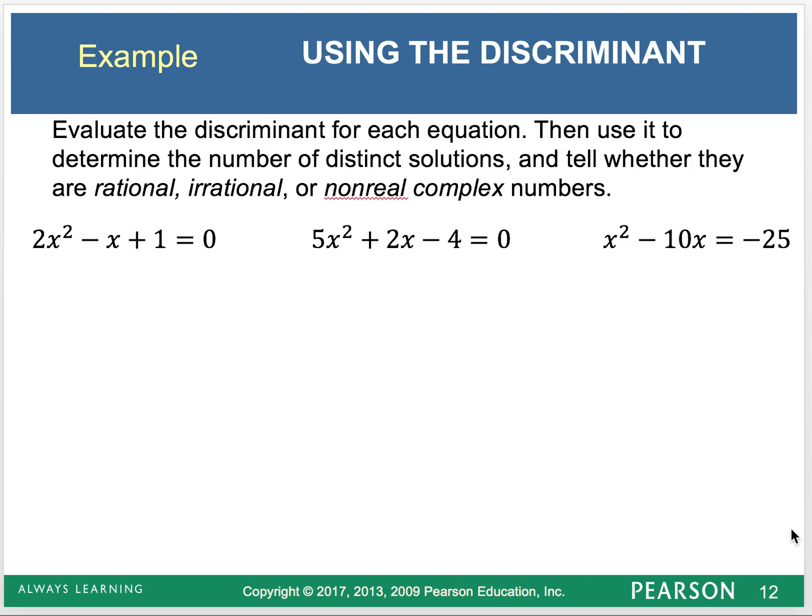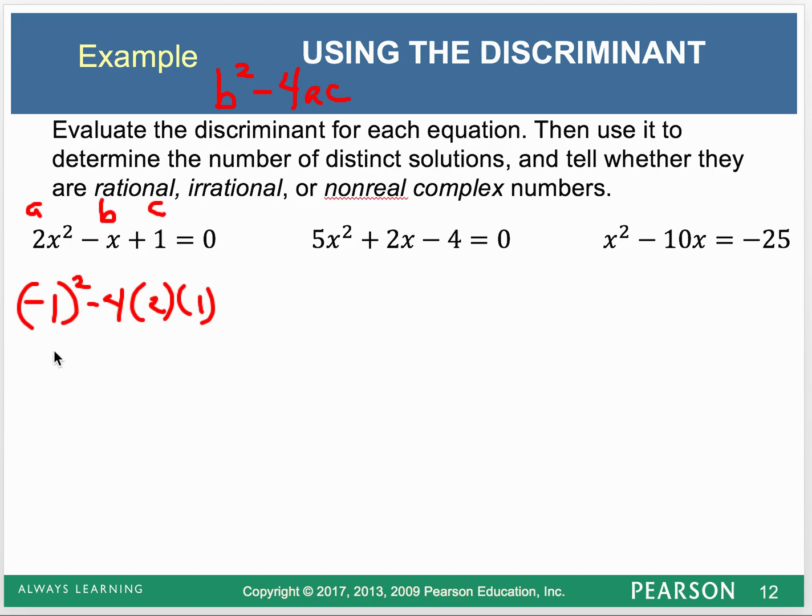And then this problem is just asking us to find the discriminant, right? And use it to determine the number of solutions and tell what kind they are. All right, so remember, our discriminant is just b squared minus 4ac, where this is a, b, and c. So b squared, negative 1 squared, minus 4ac.